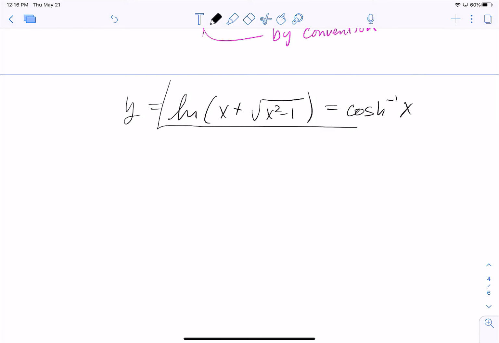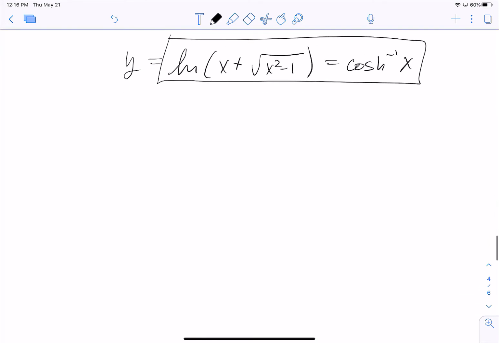It's the natural log of the quantity of x plus the square root of x squared minus 1. Our author makes a note that it makes sense that since the hyperbolic functions are defined in terms of exponentials, their inverses would be defined in terms of a natural logarithm.